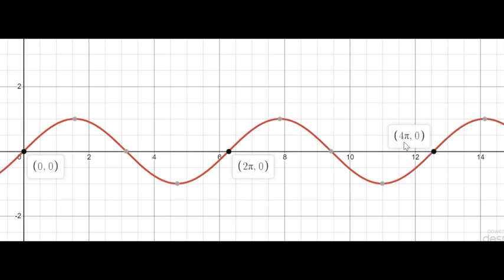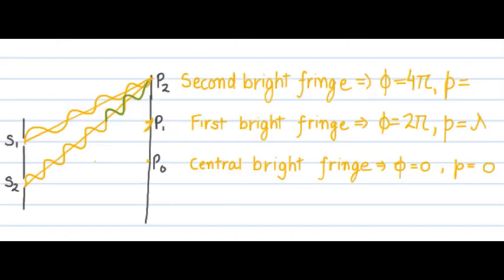So how much is the phase difference? 4 pi. So when the phase difference is 4 pi, the extra path the light has to travel is how much? 2 wavelength. That is 2 lambda. So the path difference I'll write here is twice of lambda.